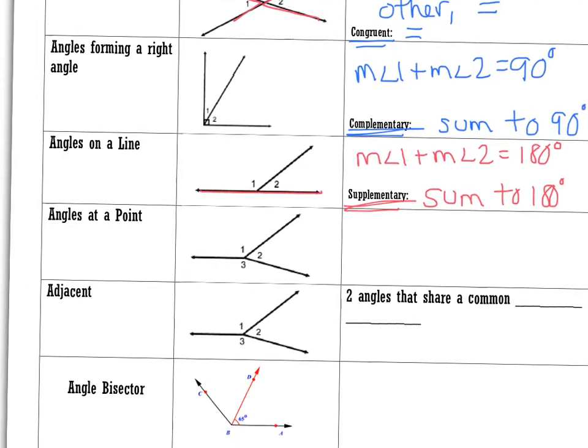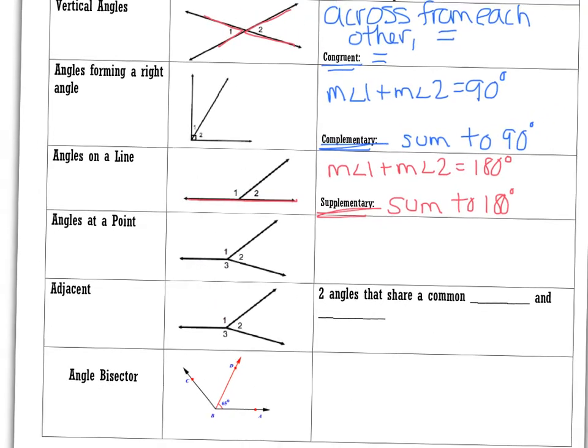When you have angles at a point, they add up to 360 degrees. So in this picture, measure of angle 1 plus the measure of angle 2 plus the measure of angle 3 equals 360 degrees. So a circle then we know is 360 degrees. All the angles around one point are 360 degrees.